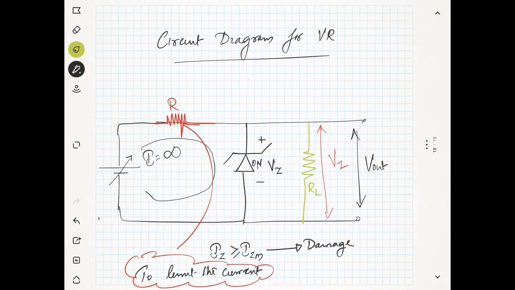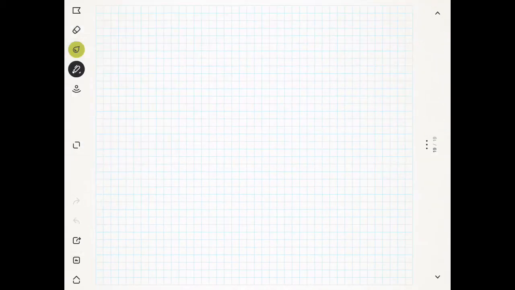So that means your load is not fixed, your load is changing. We can say that the load changes within a limit, which we can assume as RL minimum to RL maximum. So we have to be very careful about this.